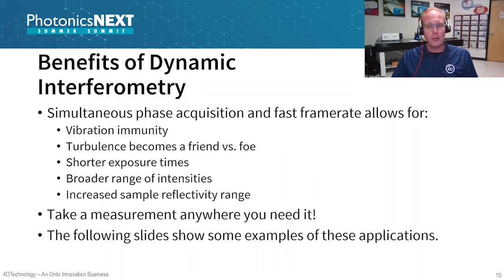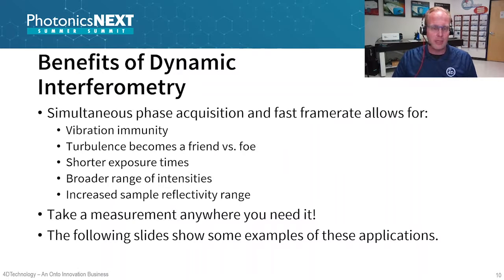With dynamic interferometry, because you're taking that single snapshot, you can take multiple snapshots very quickly and average those together, so even if you have periodic or other airflow through the environment, by taking many averages very quickly, you can smooth out any of that airflow or perturbation or turbulence and get direct, accurate data.